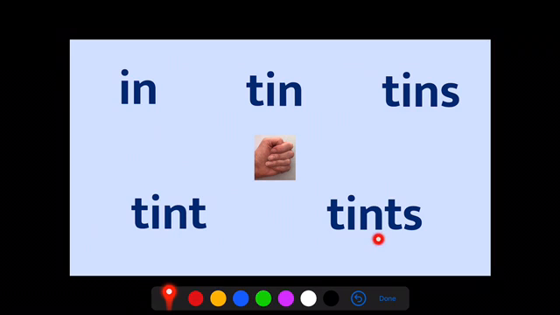And this was the next reason we have added S to the base word tint. But this time it's for an action that somebody else is doing. Nat tints his hair.